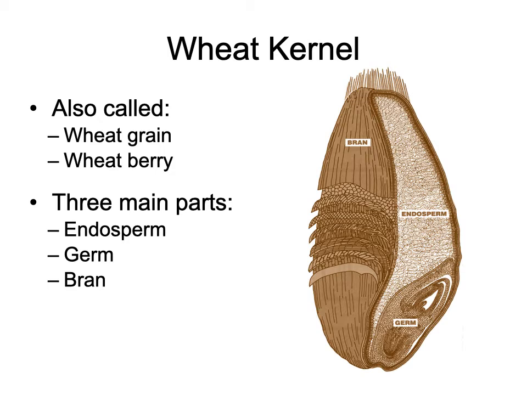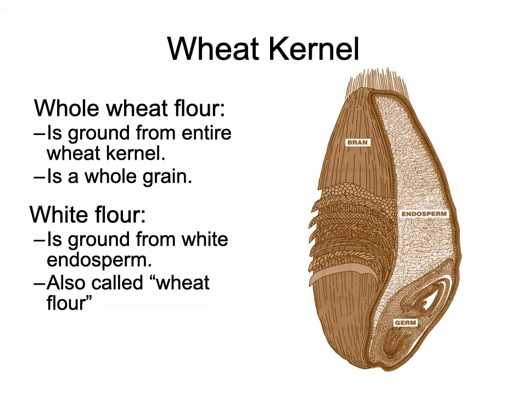Bran is the outer coating. It's used not only as a separate product for texture and flavor and so forth, but it's also ground into whole wheat flour. And then we have the germ, which has a lot of nutritional value, and it's also sold as a separate product.